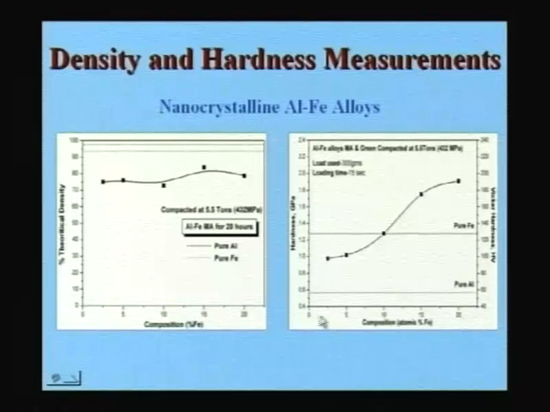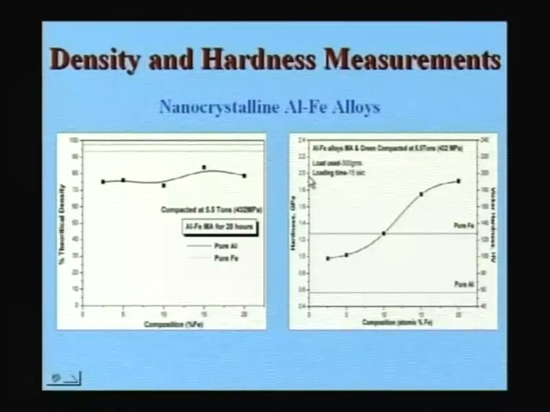You can see as the composition increases, the hardness increases, and the hardness reaches almost about 2 gigapascals, which is much higher when compared to the hardness of most normal aluminum alloys. Normal aluminum alloys give hardness of around 60-70 Vickers. You do not get much beyond that. So here you get around 200 Vickers hardness, which is equivalent to about 2 gigapascals.